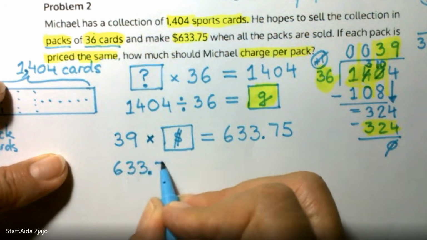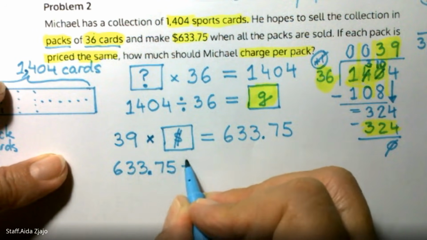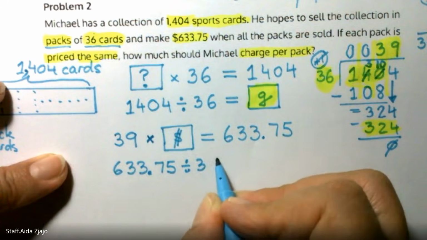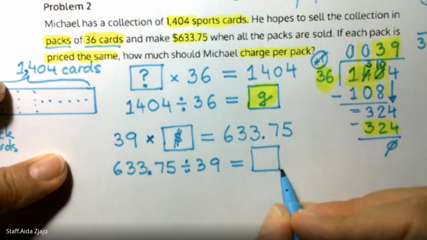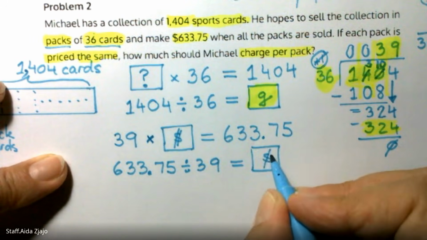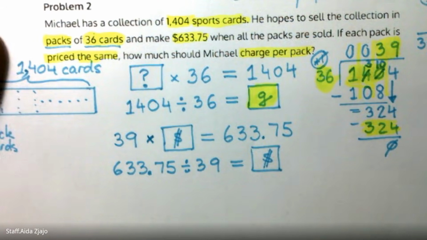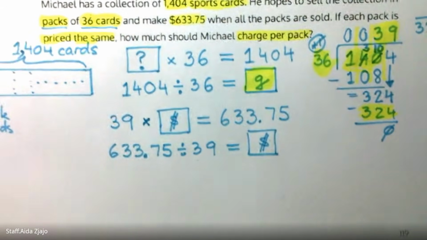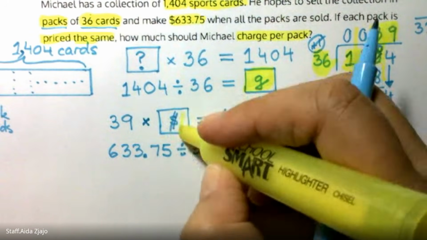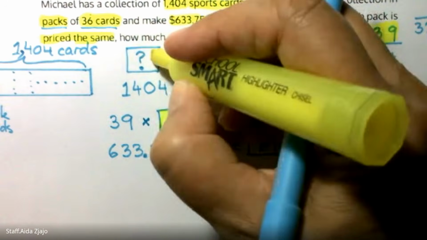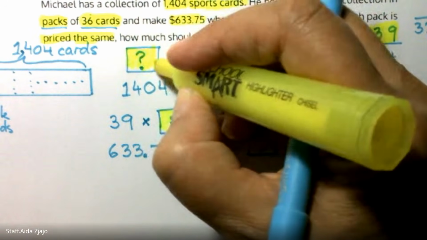633 and 75 hundredths, divide in the groups of 39, will give us how much money he needs to charge per pack. So now when we do that, we need to divide.